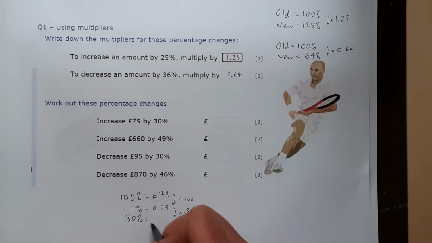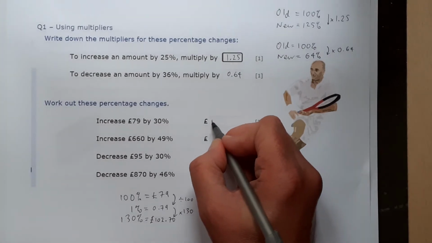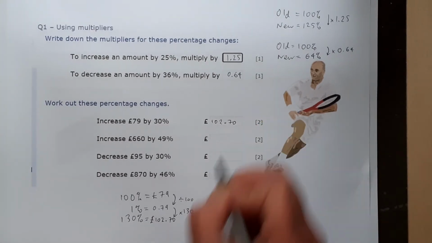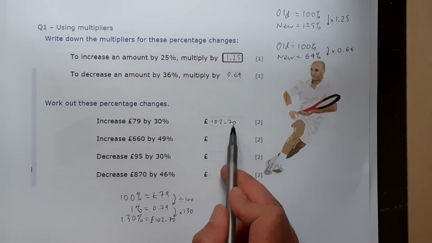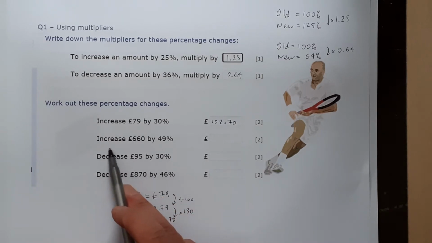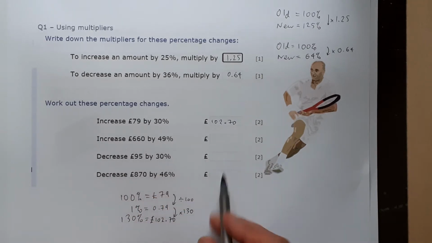And if I quickly work that out, it's going to come out as £102 and 70 pence. Comes out as 102.7 on the calculator, but obviously because it's money, I'm going to stick an extra decimal place on the end there.